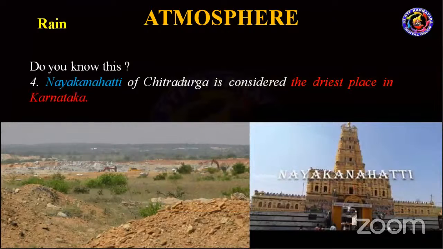And in Karnataka, Nayakanahatti, which is in the Chitradurga district, is the lowest rainfall area, or driest place in Karnataka. The heavy rainfall area in Karnataka is Agumbe, and the low rainfall area in Karnataka is Nayakanahatti of Chitradurga. And in India, Mausinram is the heavy rainfall area, and Rohili is the lowest rainfall area.